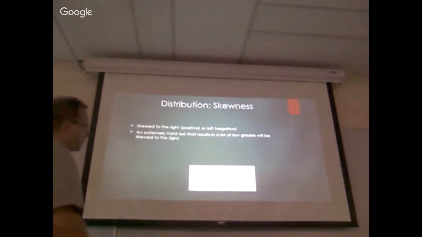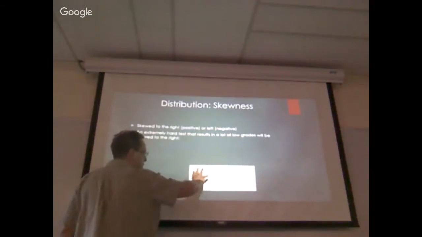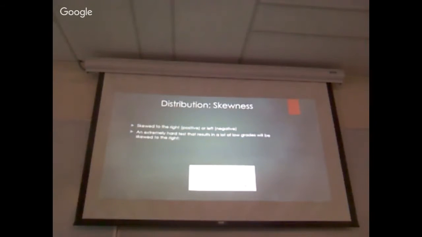If it's an impoverished community, it's going to look kind of like this. If it was a wealthier community, it would be the other way around. Extremely hard tests would also be an example of this, where grades are going to be more towards the low end. An easy test would be the other way around.